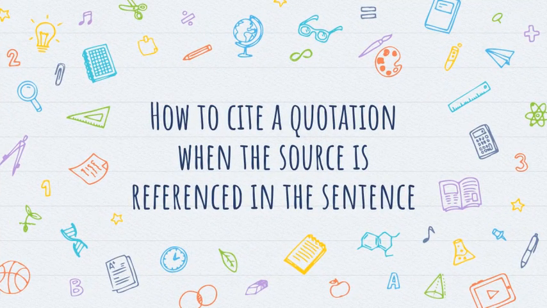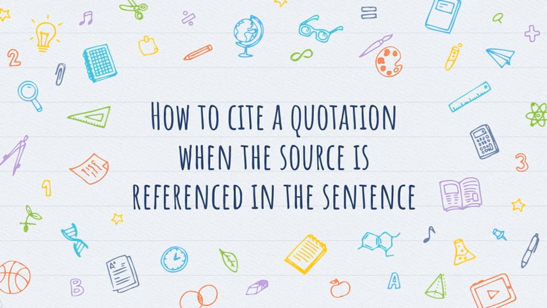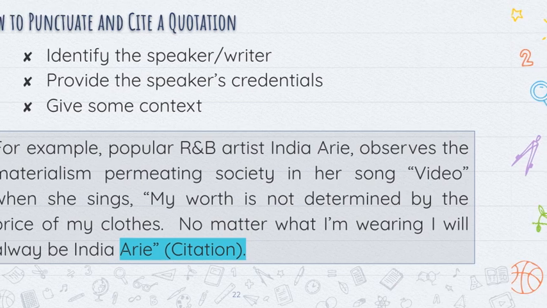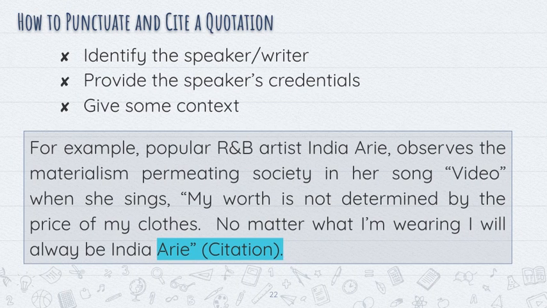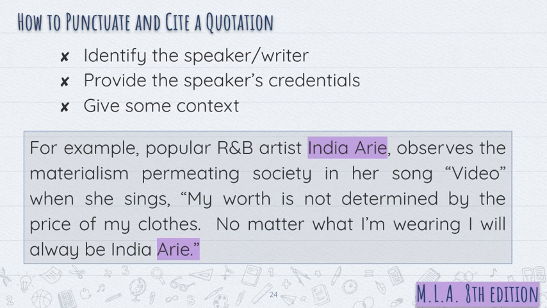Next, let's talk about how to cite a quotation when the source is referenced in the sentence. So the example I just provided you is actually a good example of this. In the sentence, I've identified the speaker as India Re, and the citation I would use would be Re. So I'll be able to find Re, India, as the first item listed in a works cited entry.